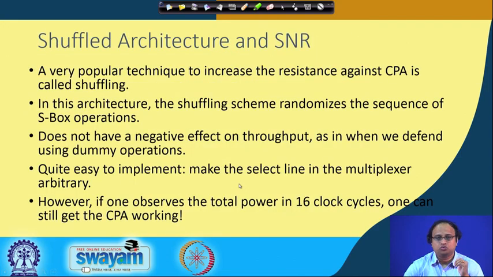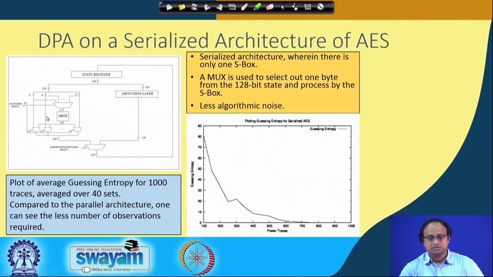So, you can actually do another interesting variation of this, which is called the shuffled architecture. In the shuffled architecture, what you do is you randomize the select line of the multiplexer. That means that the 16 S boxes that we have in one round of AES, you do them in any arbitrary order, because they are independent, they can be done in any order.